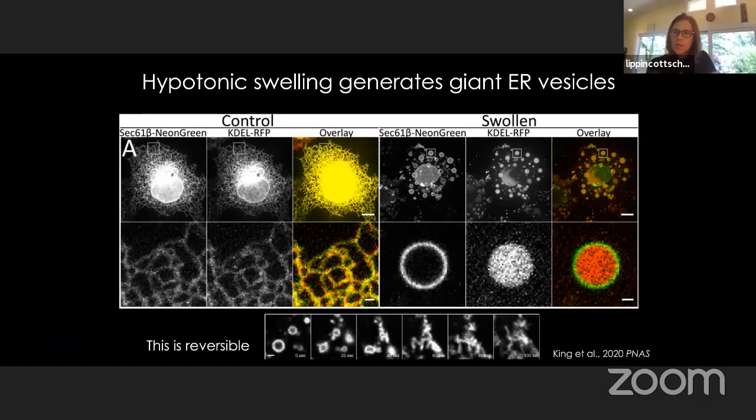Now, this swelling is reversible, and that's really important. These cells are not going off into a dead end. In fact, once you swell these cells, they are in some ways protected from death, if you will. When we bring the cells back to normal medium, we see the ER reacquire its highly reticular pattern.